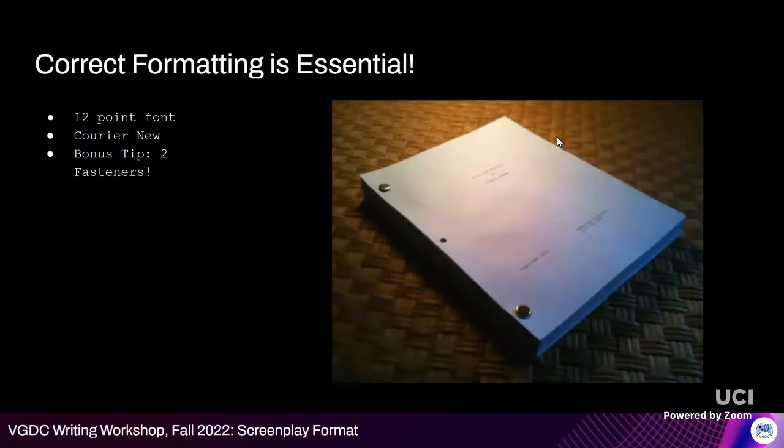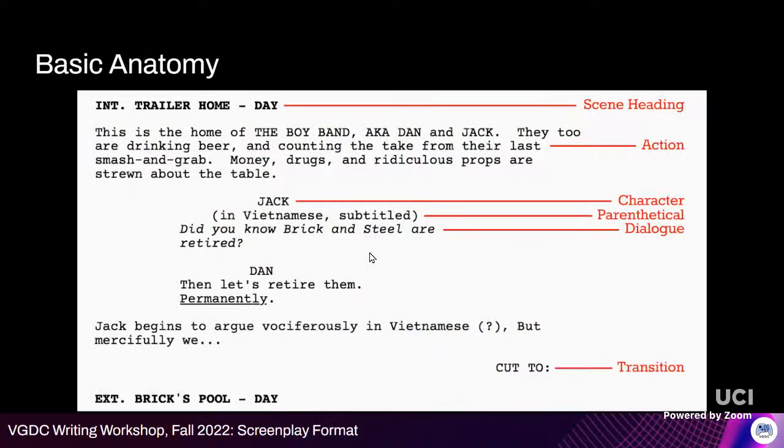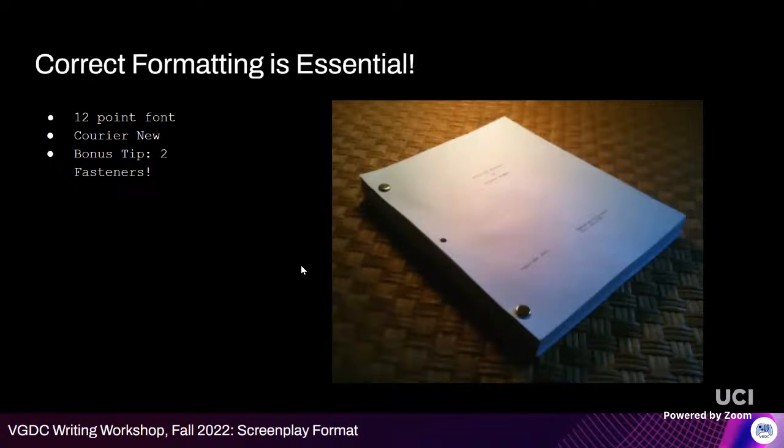So there's actually a very specific way these screenplays have to be formatted. They have to be 12-point font, in Courier New, and constructed just like this. I don't actually know how you would achieve this, but there's a specific way, and it needs to be formatted like this, or else they're not going to read it.